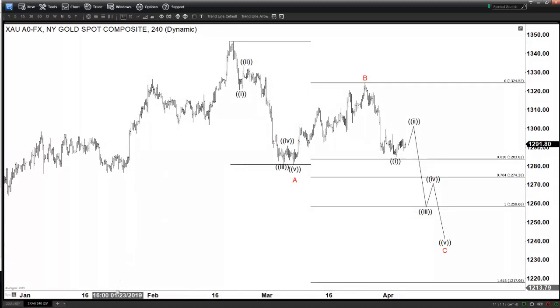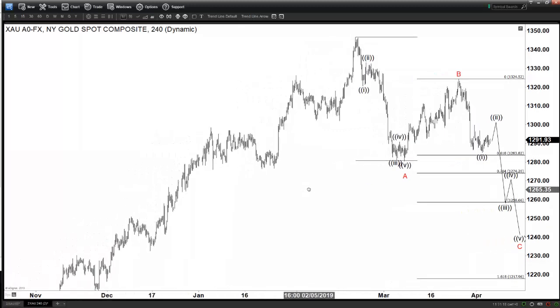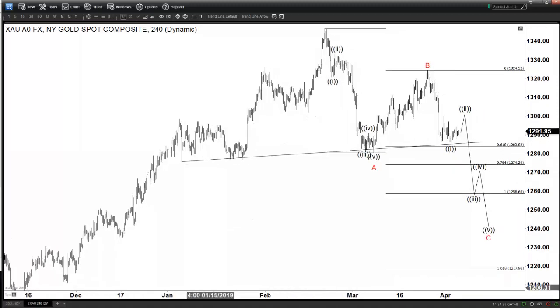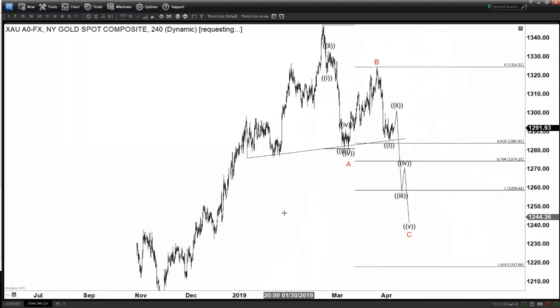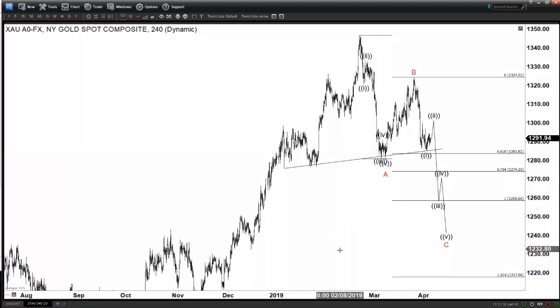Now some people are looking at this structure here in gold and mentioning some sort of head and shoulders pattern here, right? But it's not really a very nice head and shoulders in my view. It's not really symmetrical, so I won't pay too much attention to it, to be honest.